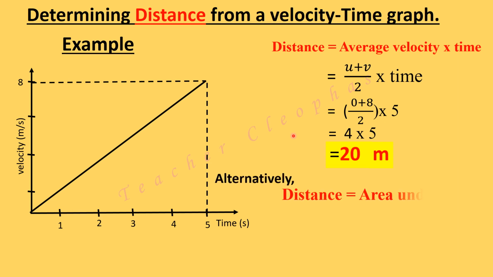Alternatively, distance equals the area under the graph. So the area under the graph is simply this one here. We can see that this is a triangle, and the area of a triangle equals a half multiplied by base multiplied by height.